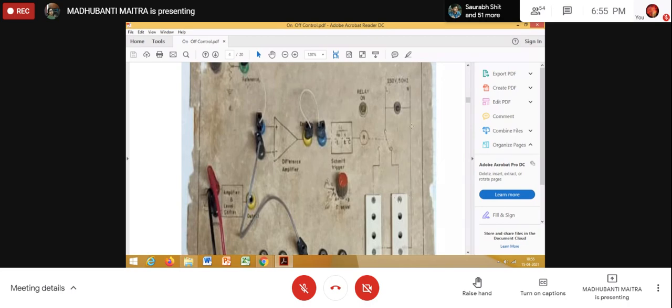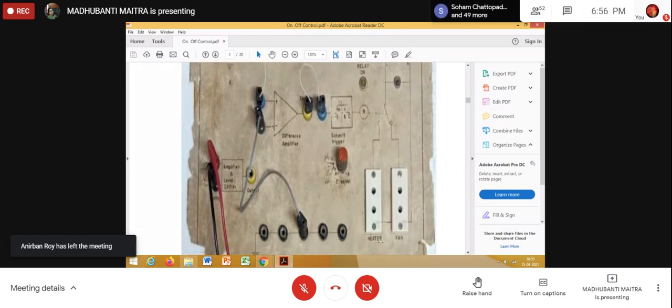So the fan will be connected across this phase, and if this movable link is connected to this other point, the fan will be disconnected and the heater will be connected across the phase. Is it clear? So at one point of time, in the closed loop configuration, either the heater or the fan will be connected to the phase.